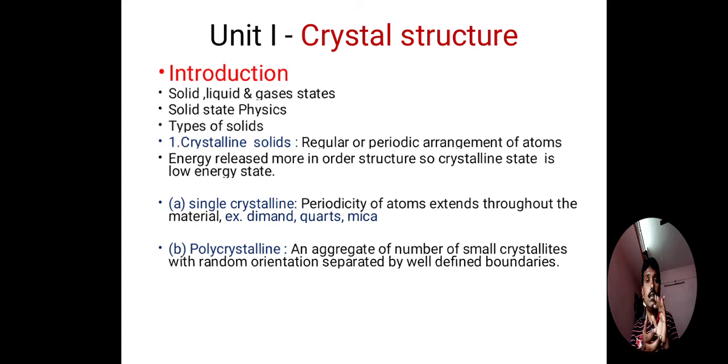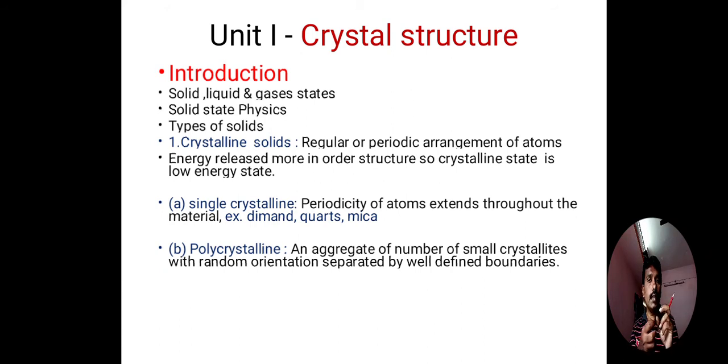But in polycrystalline solids, it is an aggregate of a number of crystallites of different shapes. The crystallites may be triangular, square, rectangular, or hexagonal. These different shapes are the crystallites. This random aggregate of such crystallites is the polycrystalline solid.